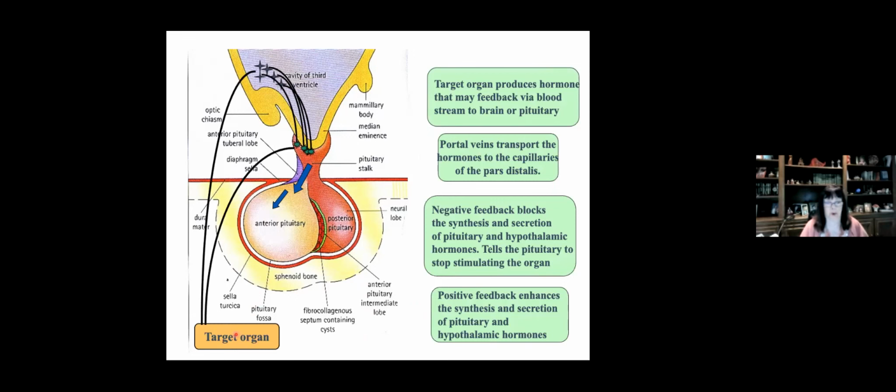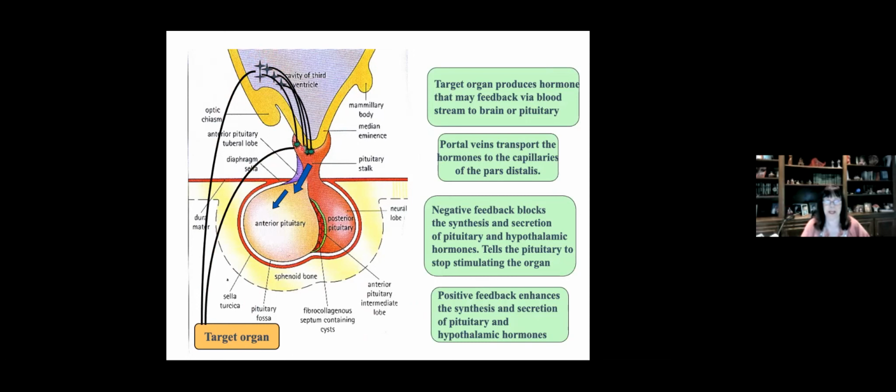Now the target organ feeds back and tells the pituitary, stop stimulating me. And basically, when its product gets high enough, it will feed back negatively. And many times it'll feed back negatively to the neurons. It'll also feed back negatively to the anterior pituitary cells.